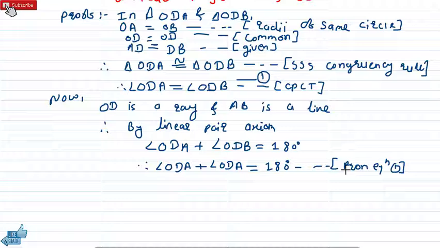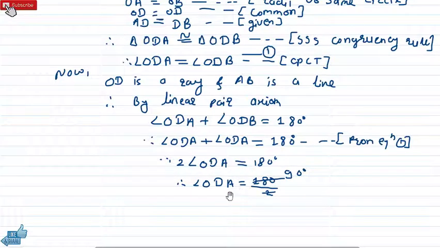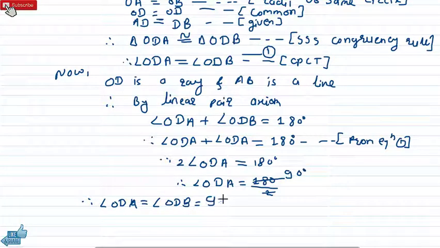So ODA plus ODA, therefore twice angle ODA is equal to 180 degrees. Therefore angle ODA is equal to 180 degrees upon 2, which is 90 degrees. So finally we can say that angle ODA is equal to angle ODB is equal to 90 degrees.